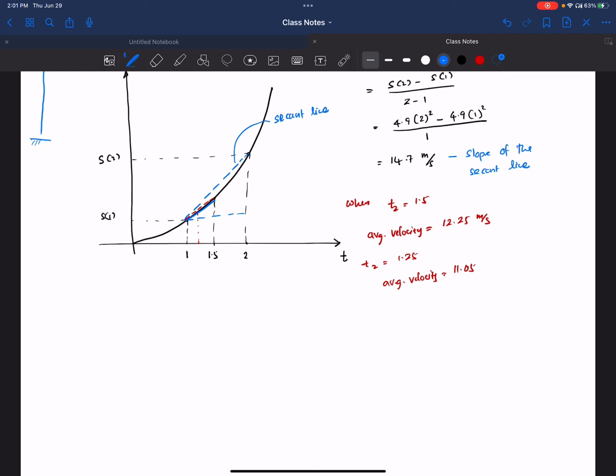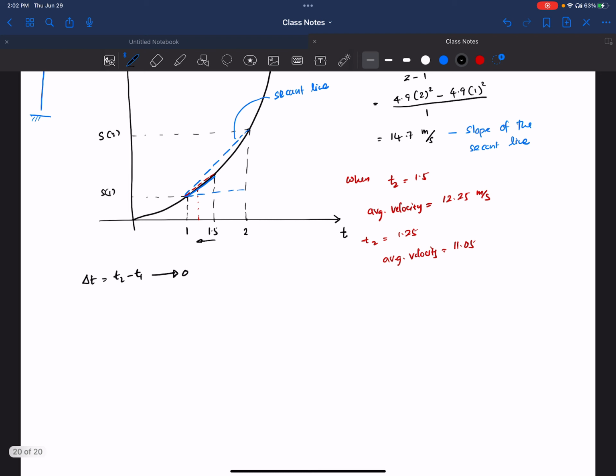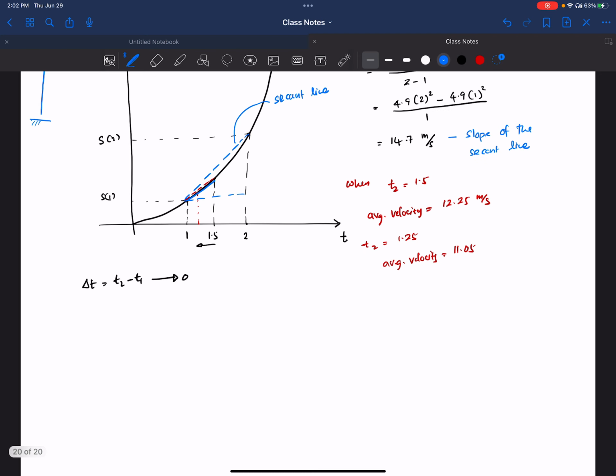Now, when you drive this quantity delta t, which is t2 minus t1, towards 0, that means you move t2 closer and closer to 1, you would see that the secant line would ultimately become a tangent drawn at the point t1, a tangent, right?